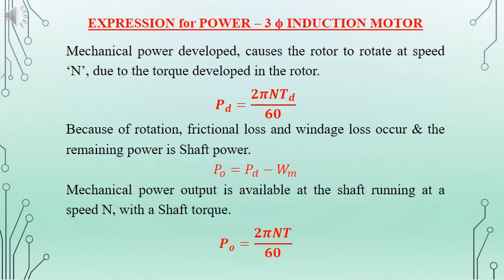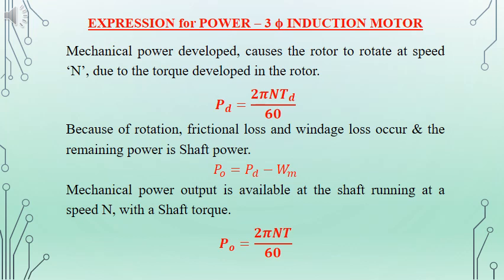If the actual output torque or shaft torque available is T, we can write the power output PO as 2 pi nT divided by 60.